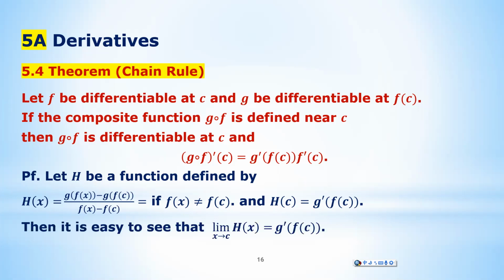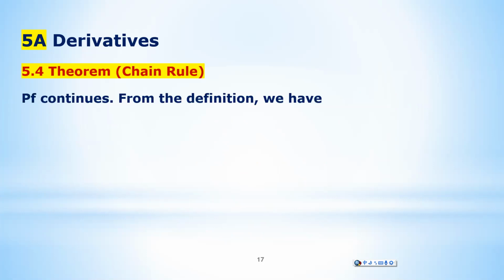And then it's easy to see that as x goes to c, h(x) equals g prime of f(c). Obviously this limit holds, because you can check it; this again follows from the definition of the g function. Now keep this in mind and let's continue.